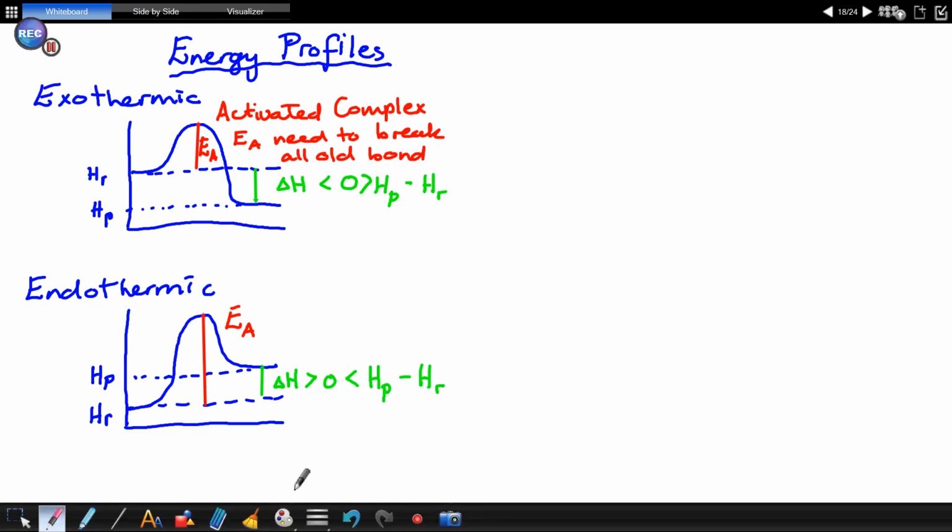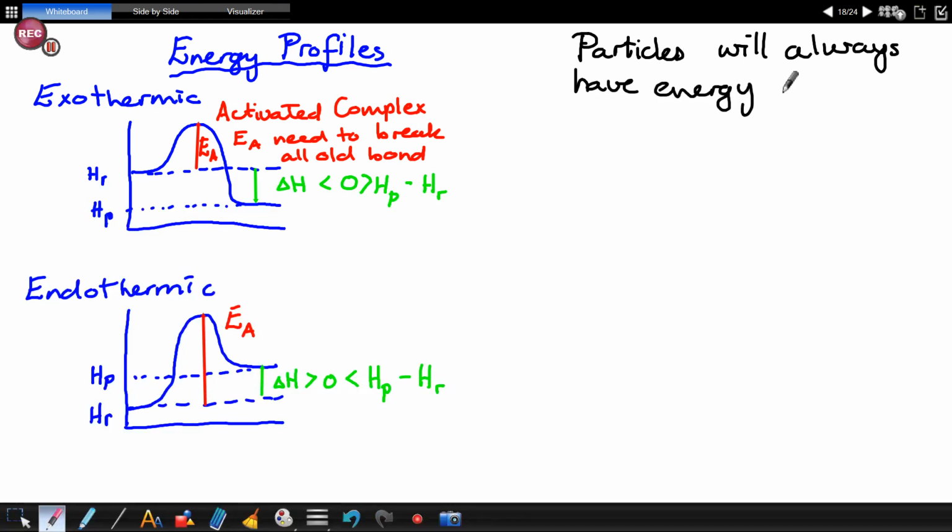Now, it is important to notice that particles will always have energy of motion.